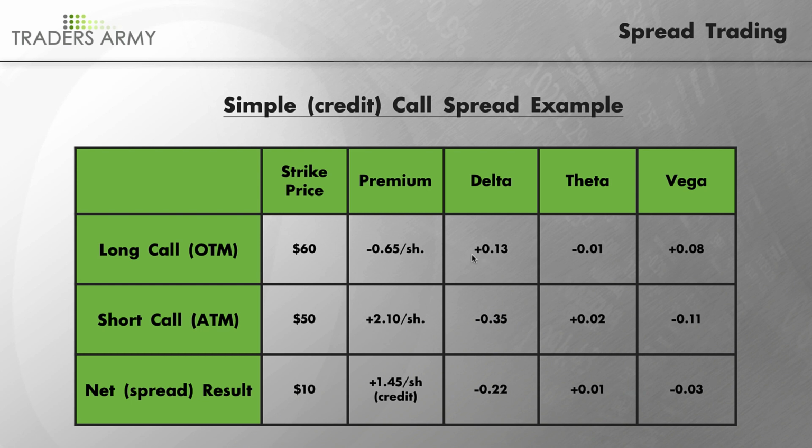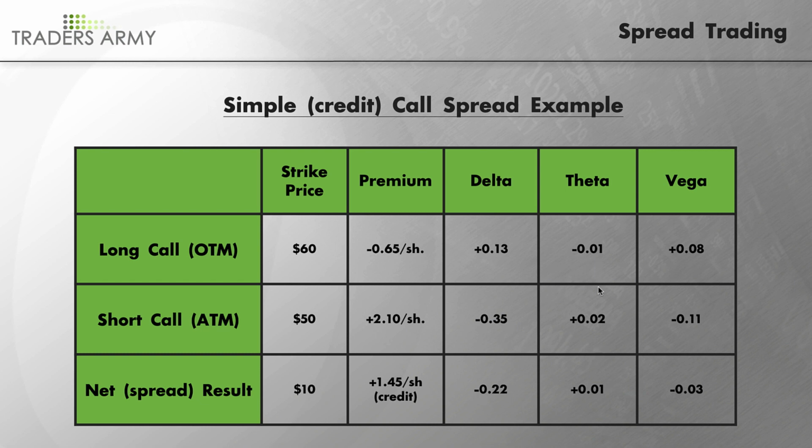So on the long calls, where do we want the stock to go? Up. On our short calls, where do we want the stock to go? Down. On our net position, where do we want the stock to go? Down. So we are bearish on this particular stock because we have built a negative net delta position.